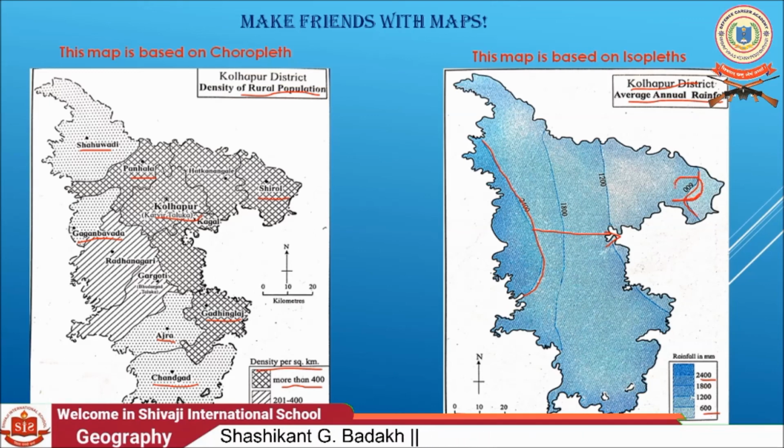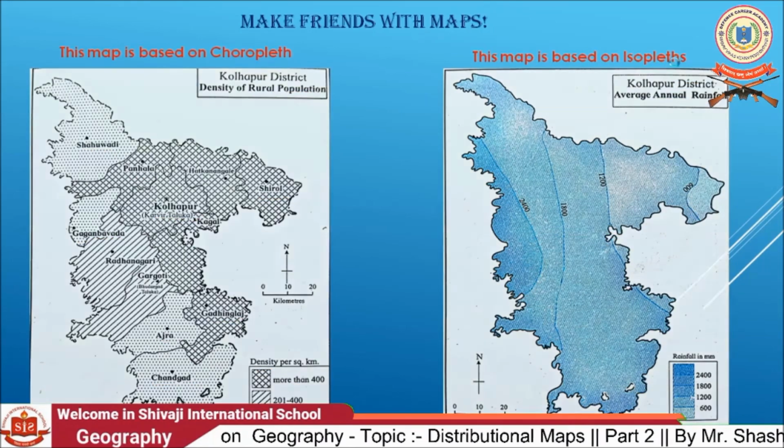So the western parts have high rainfall, and as we move from west to east, rainfall decreases, and the eastern parts of Kolhapur have only 600 millimeter rainfall. Okay, so hope you understood both maps, choropleth method maps and isopleth method maps.